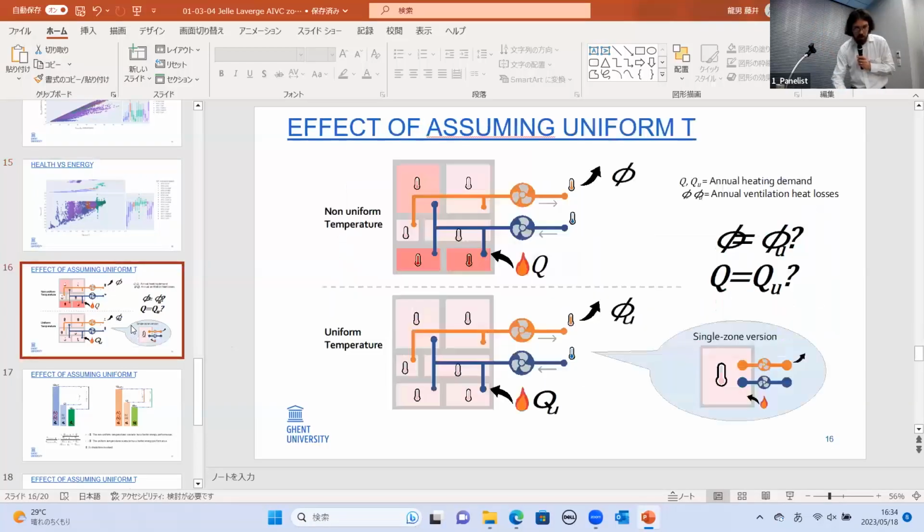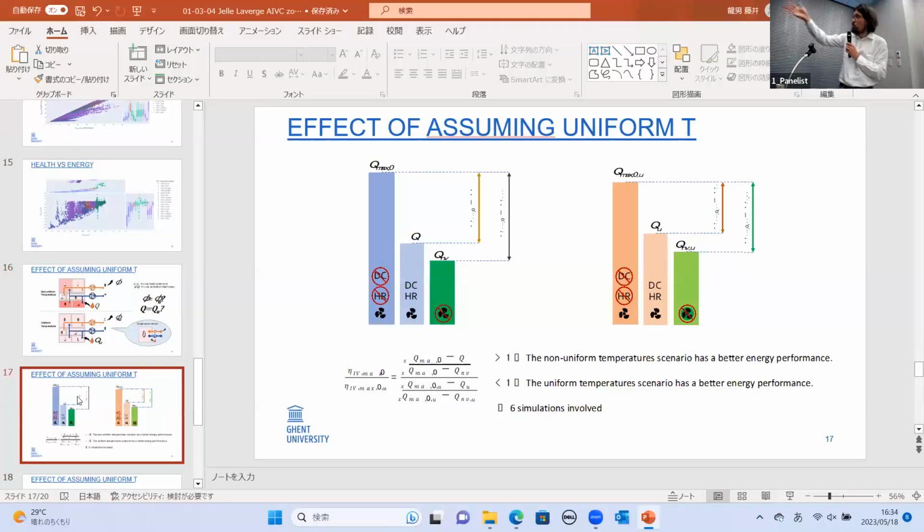And for that, we used another comparison where we compare our indicator for two scenarios, where the first scenario is the one we've shown results for so far. And then the second scenario is a scenario where we uniformly heat the building to the same average temperature as in the previous simulation, which temperature-wise is equivalent to making a one-zone simulation of this building.